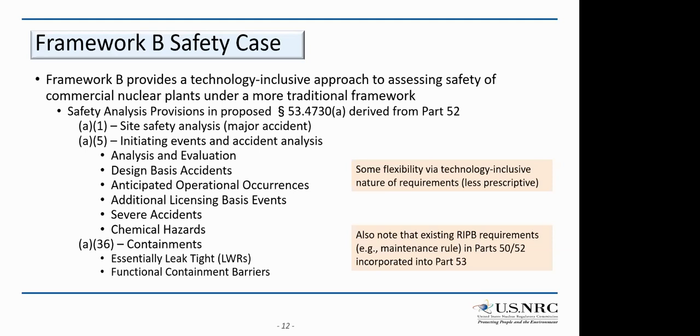And the maintenance rule would be an example. Both framework A and framework B have the equivalent of the maintenance rule, and it's basically copied over from the requirements in part 50.